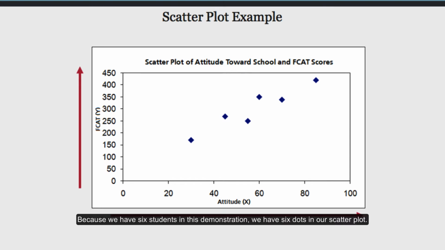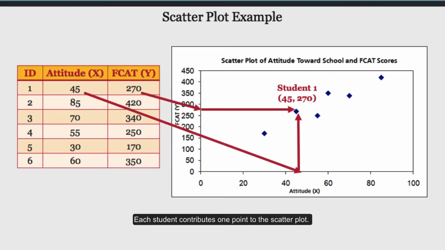Because we have 6 students in this demonstration, we have 6 dots in our scatter plot. Each student contributes 1 point to the scatter plot. For instance, student 1 has an attitude score of 45 and an FCAT score of 270. You can find the score of 45 on the x-axis and the score of 270 on the y-axis. The crossed point in the graph is a dot to represent student 1, 45, 270.